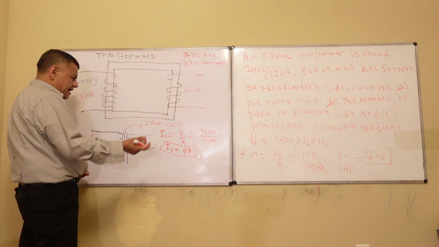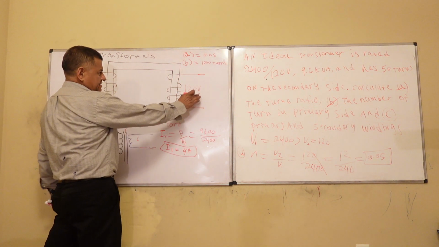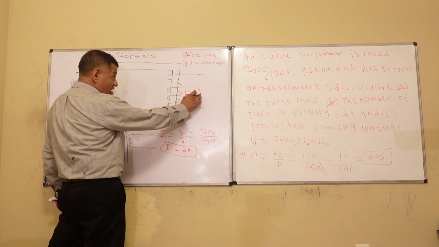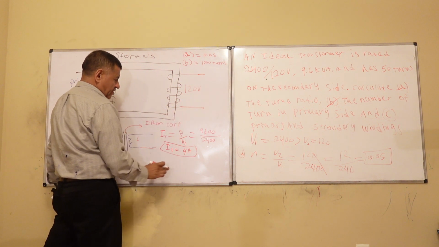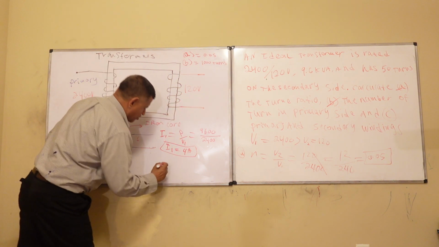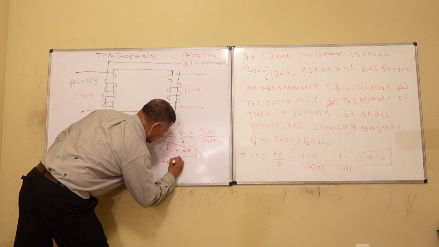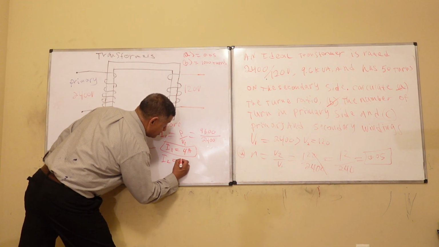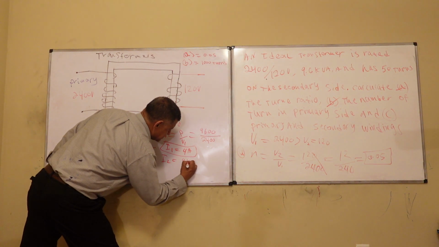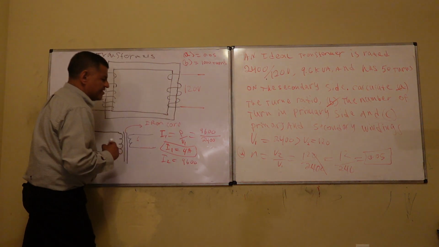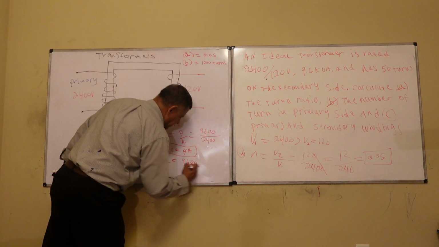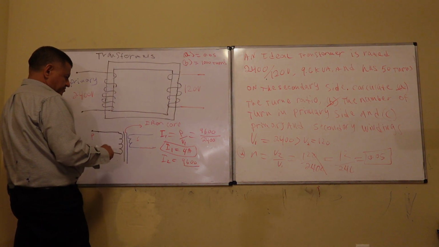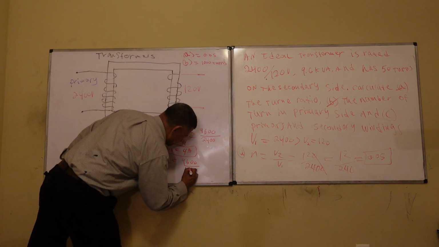Same thing, right? Analyzing this, there is going to be a lot more current in the secondary, which makes sense. So I2 is equal to 9,600 divided by 120.